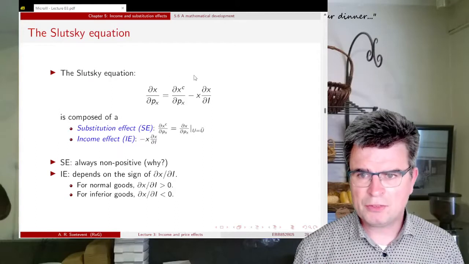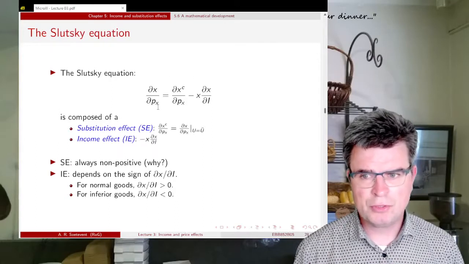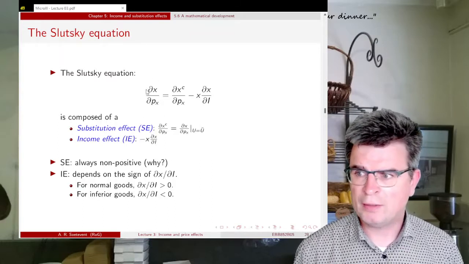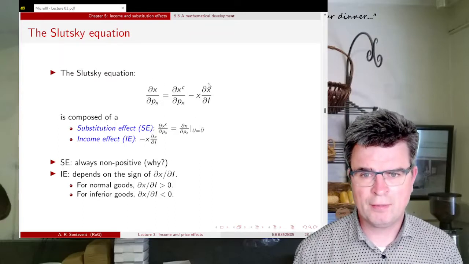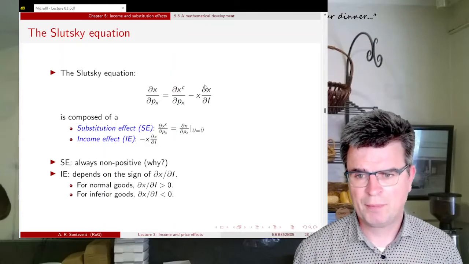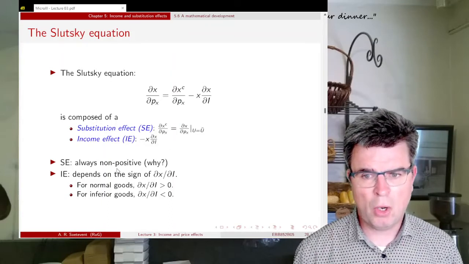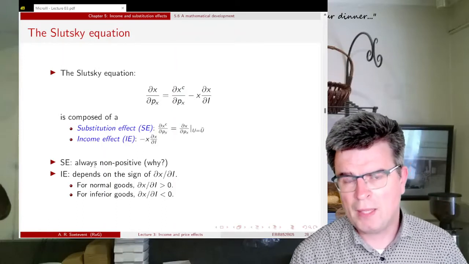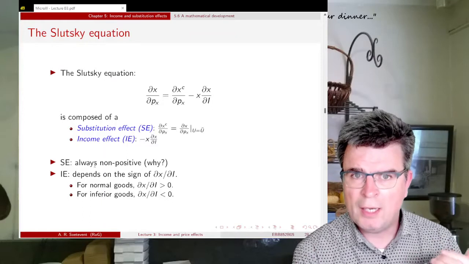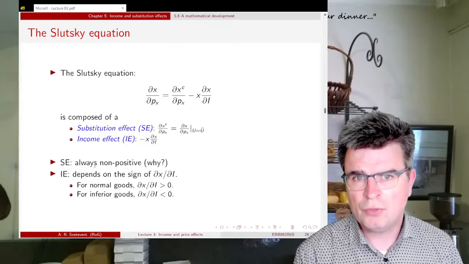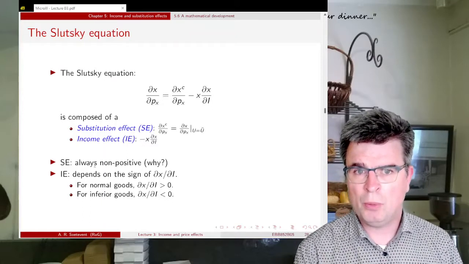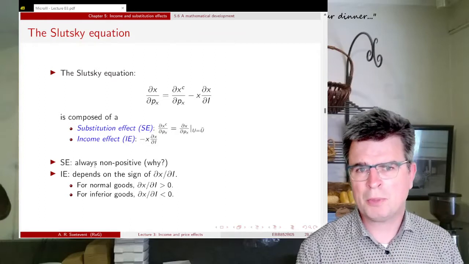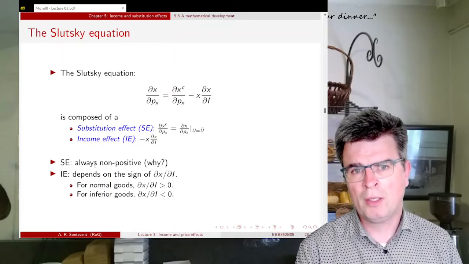So that brings us to the famous Slutsky equation, and the Slutsky equation decomposes the total effect into a substitution effect and an income effect. Now, the substitution effect is always non-positive. And why is that the case? Well, as said, we tie the individual to the initial indifference curve, and the individual will never substitute towards the good that has become more expensive.